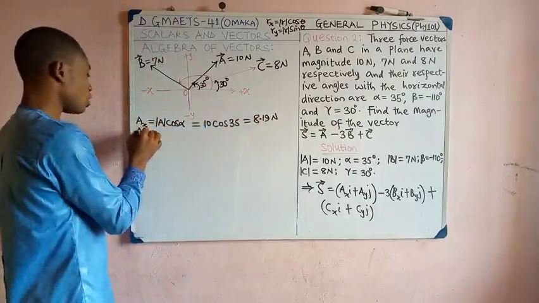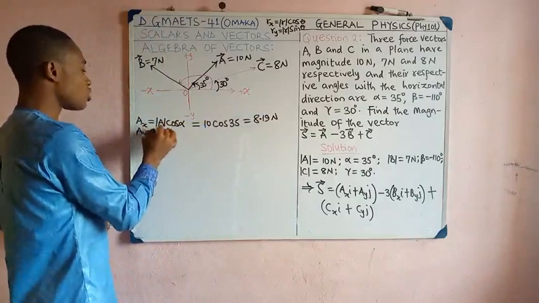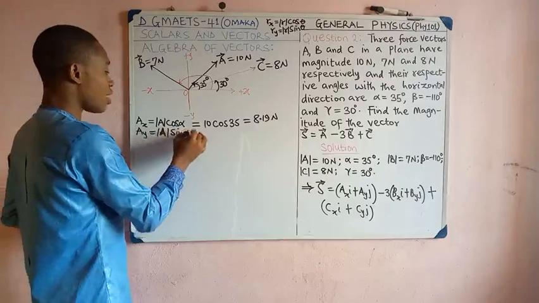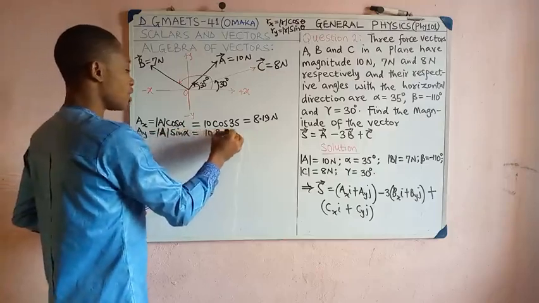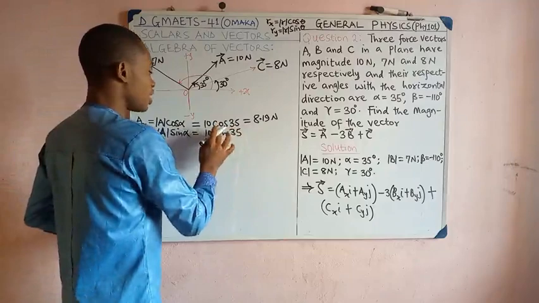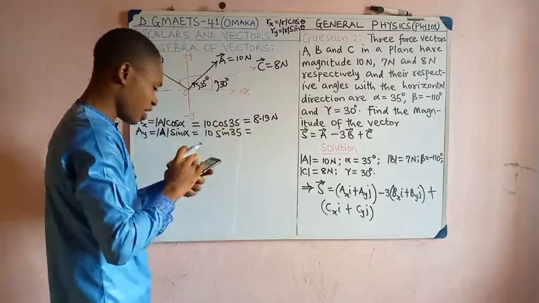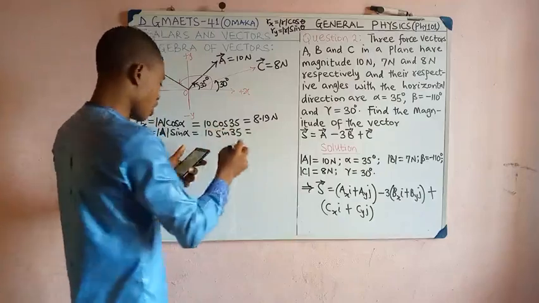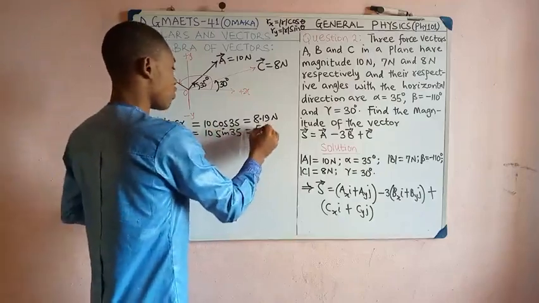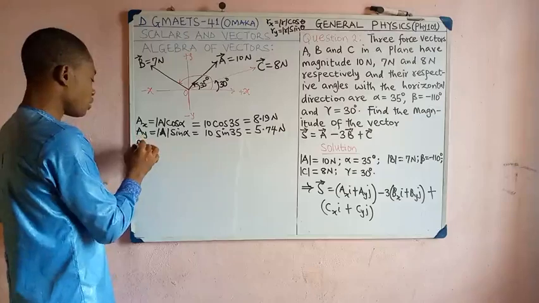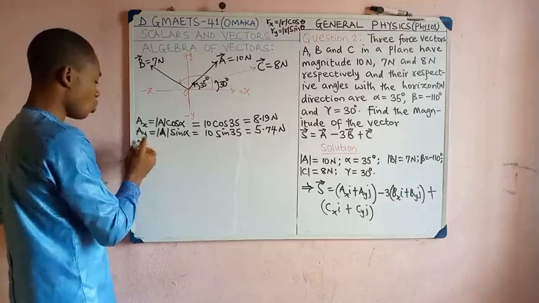Let's move on to AY. That's going to be magnitude of A, then sine alpha, which of course is 10 sine 35. 10 sine 35 is going to give us what? 10 sine 35, let's find out. 10 sine 35 is going to give us 5.74 Newton. We can now move on to obtain Bx and By.